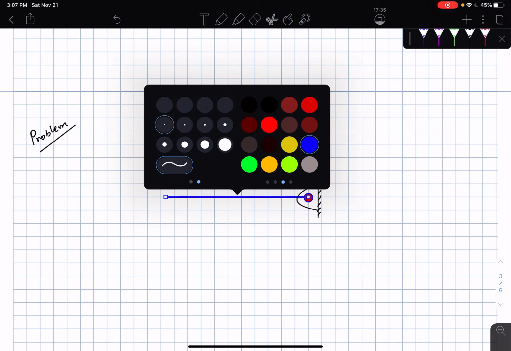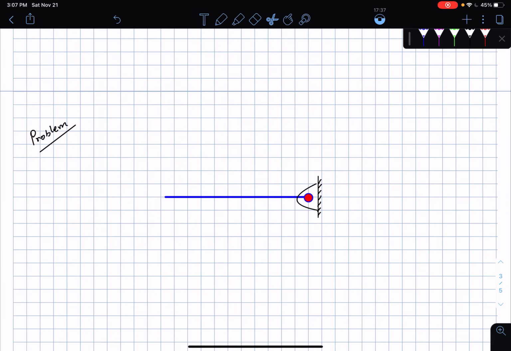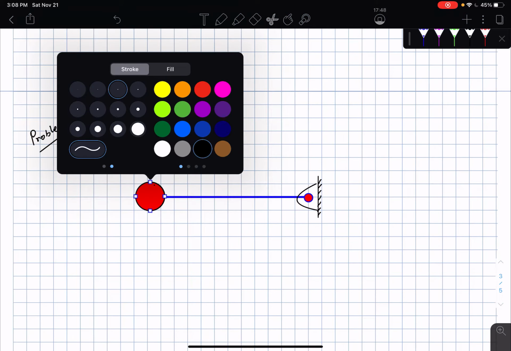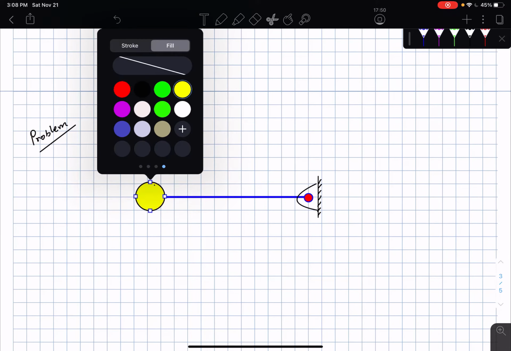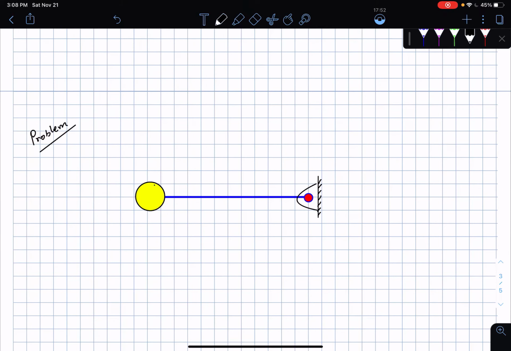So let's say that this is a link, and at the end of the link I'm attaching a larger mass M. Let's say the length of the link is capital L, and let's call this point O and this point P.